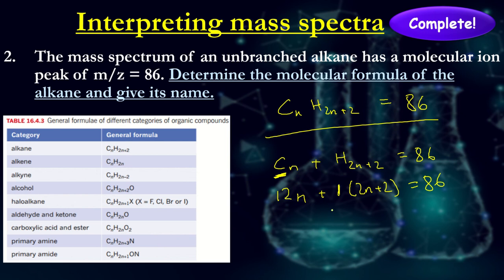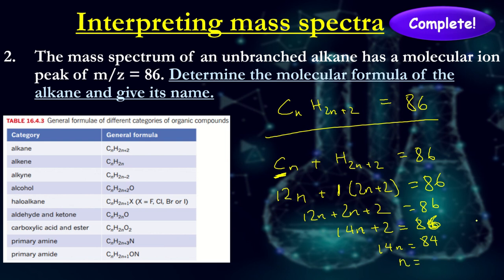Rearranging, it'll be 14n plus 2 equals 86. So 14n equals 84.